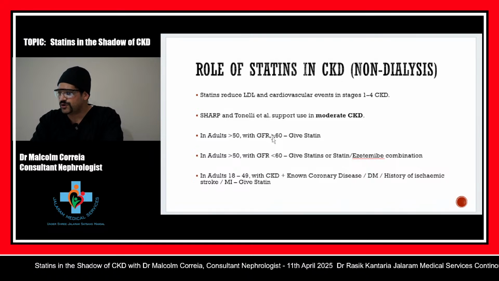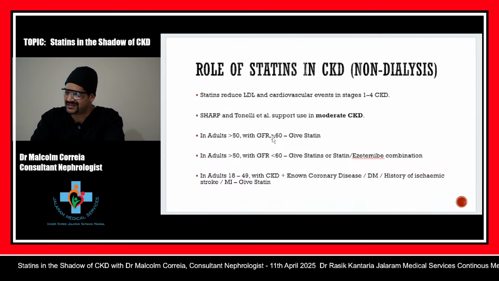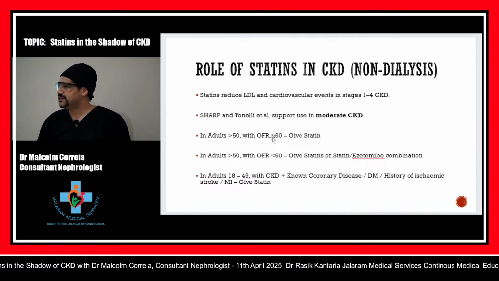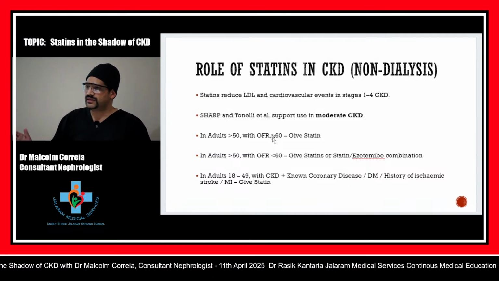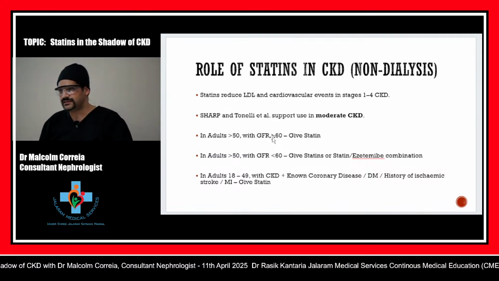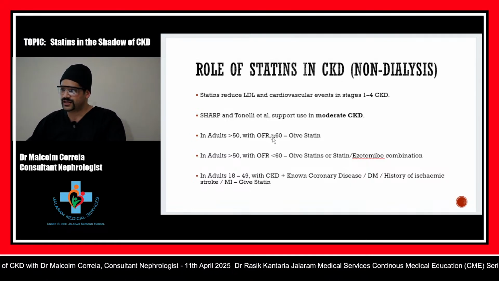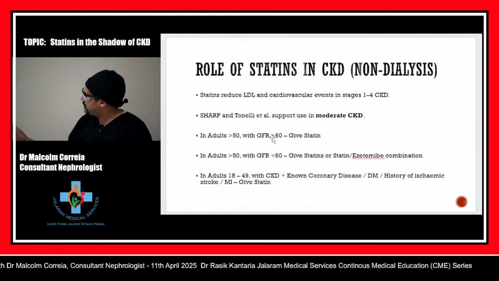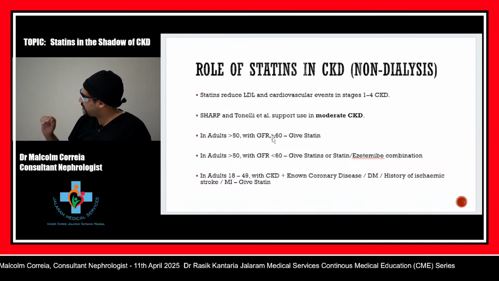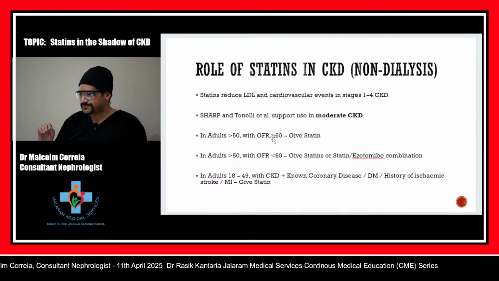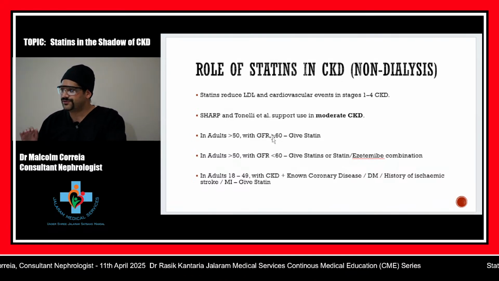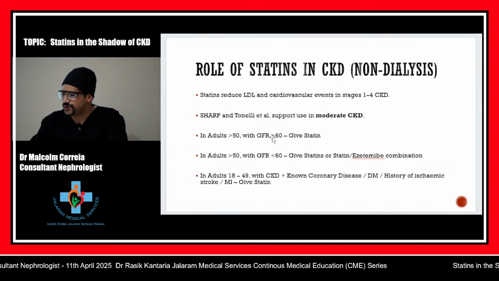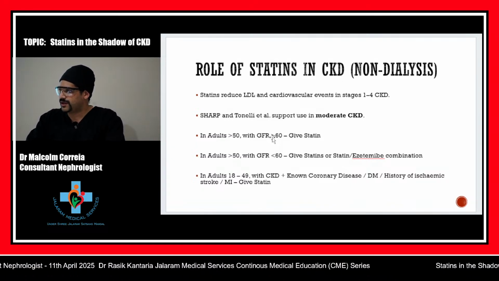So what about the role of statins in CKD patients who are not on dialysis? That means pretty much everyone else: CKD1, where your GFR is above 90, all the way down to CKD4, where you're just above 30. In these patients, adults above the age of 50 with a GFR more than 60 should receive a statin, okay?